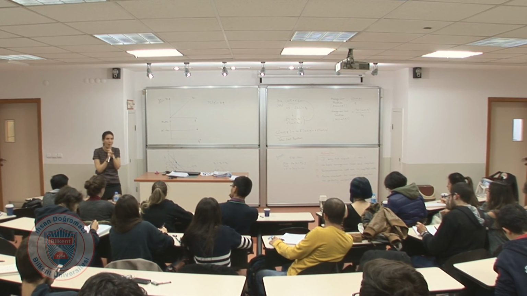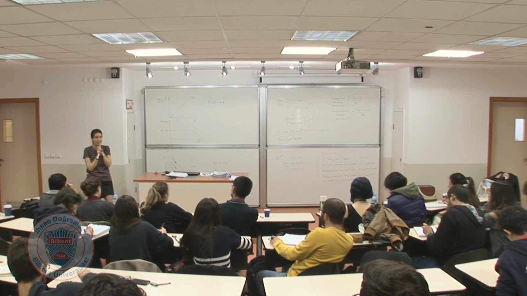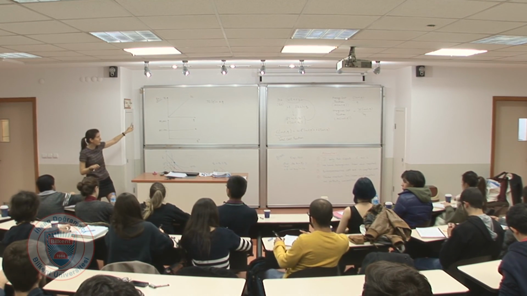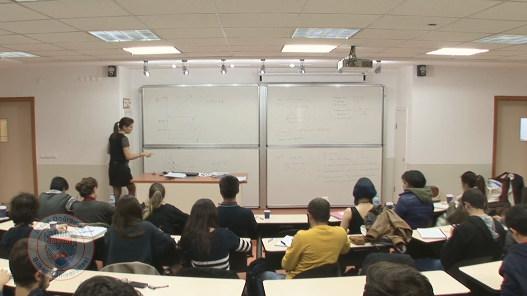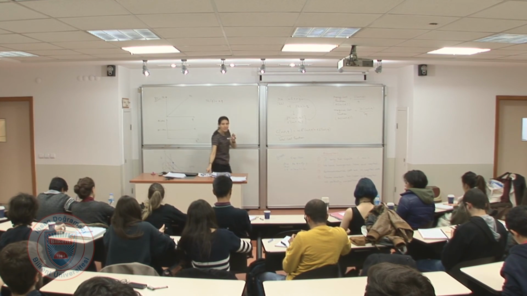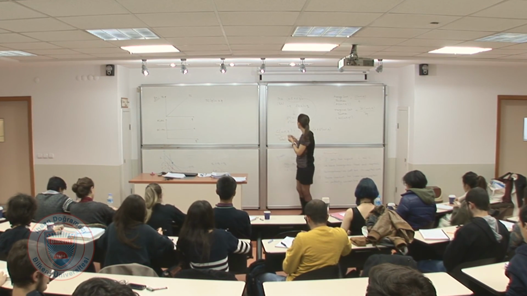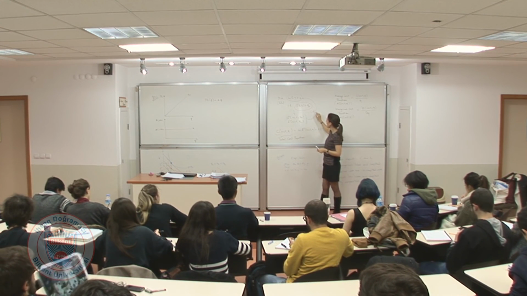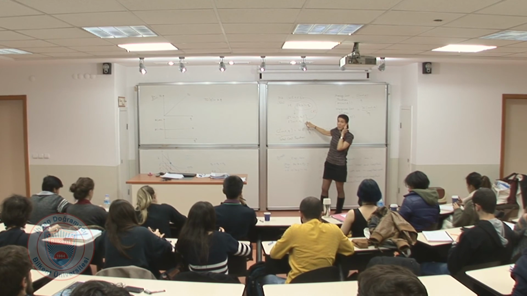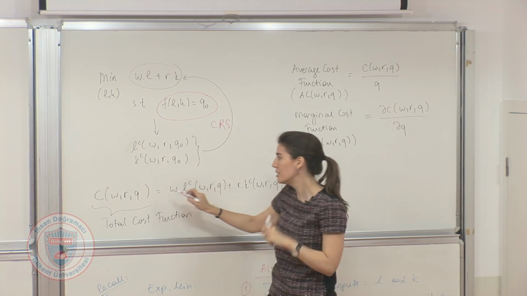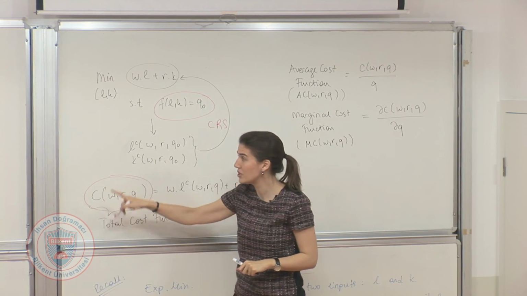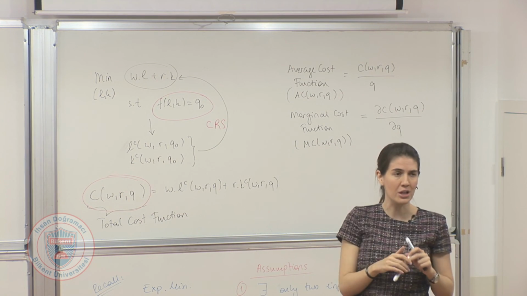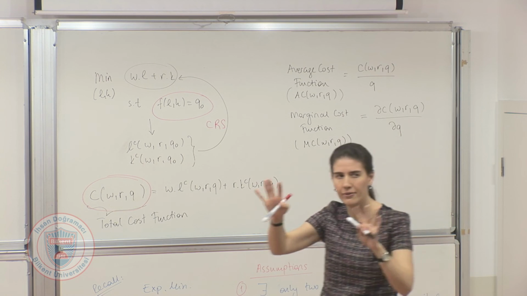But just think why. We'll cover this on Friday, but think about the link: if the production function shows constant returns to scale, and you solve this problem, the resulting total cost function is of that form, when you are given w and r. Just think for Friday.